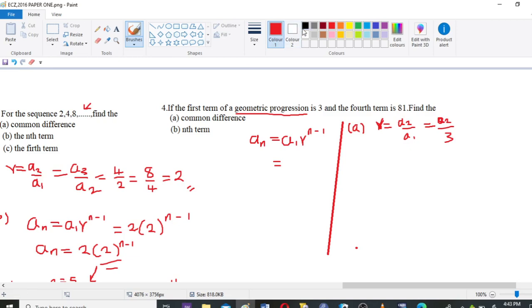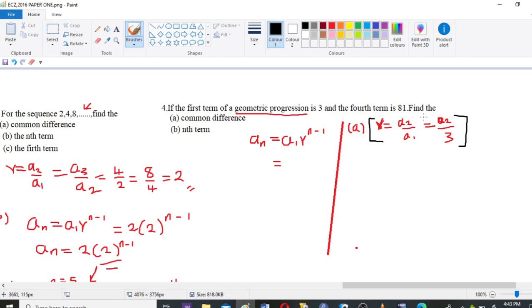There is nothing else we can do, because we do not have the value of r, which is the common ratio we are looking for, and we can't use this formula for finding the common ratio when we just have the first term and the fourth term.